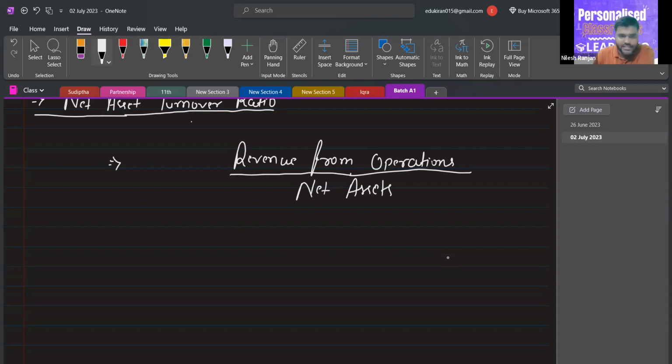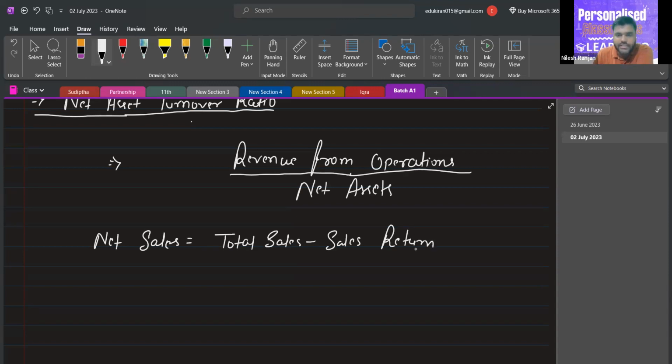Actually, net sales, or revenue from operation, equals total sales minus sales return. This is the formula of net sales or net revenue from operation. Is this clear?